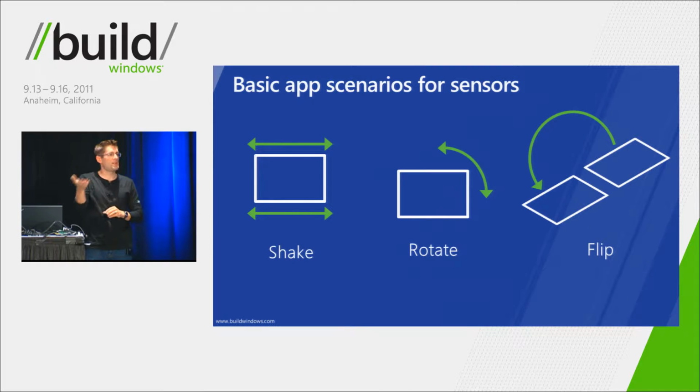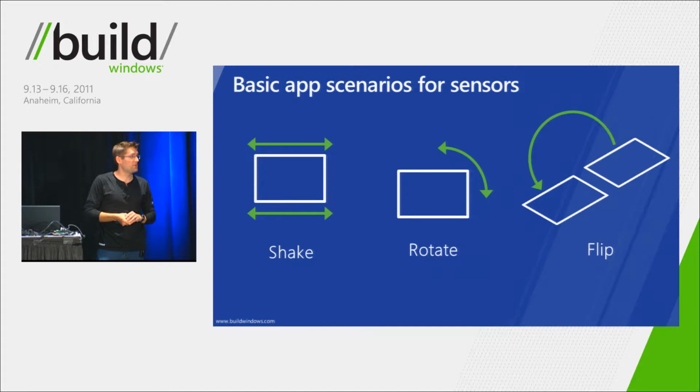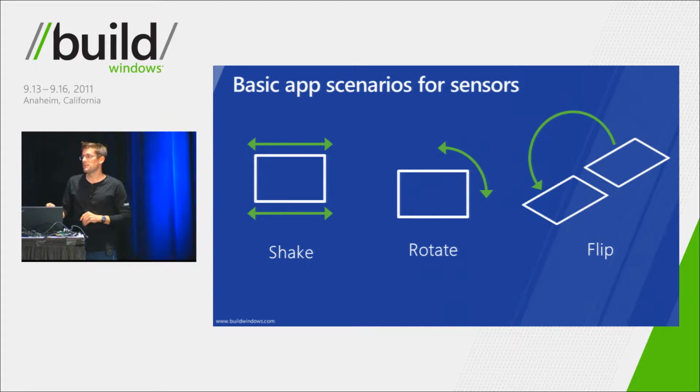So this is another way that we can take a specific action, the user taking the device and moving it from face up to face down, and tie that to a specific reaction, which would be something like muting the microphone if we're implementing a VoIP app, or toggling the play-pause mode, depending on whether the device is face up or face down in a media playback app. Again, lots of different things that you could do, and I'll let you think about how that relates to what you're building.